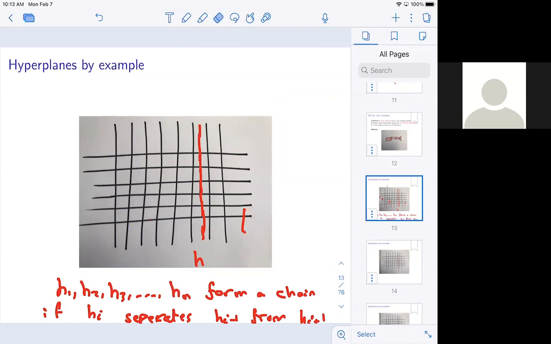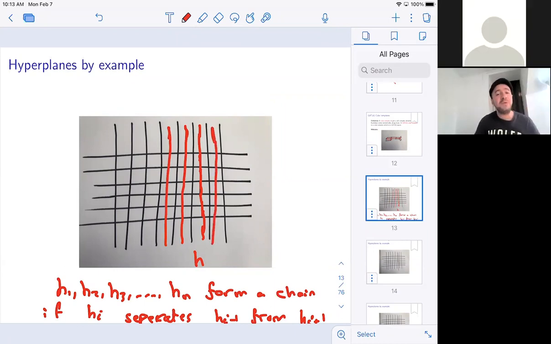If you look at these hyperplanes here, then they form a chain because each one of them, if you look at this hyperplane, it separates this from this. And if you look at this hyperplane, it separates this from this, etc. So that's what a chain of hyperplanes is.